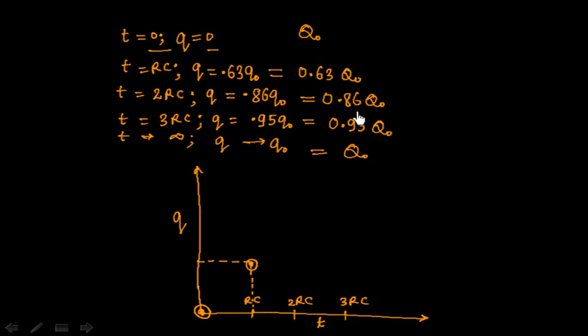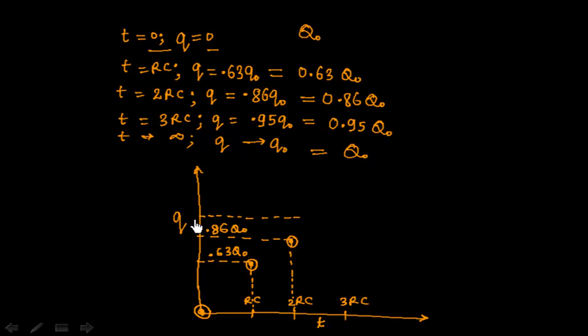Next point 86%. This distance will be shorter because this distance is lesser than this distance. So I will have this point, and this is 0.86 times Q naught. This point is 0.63 times Q naught, and at 3 RC we will have an even smaller gap.